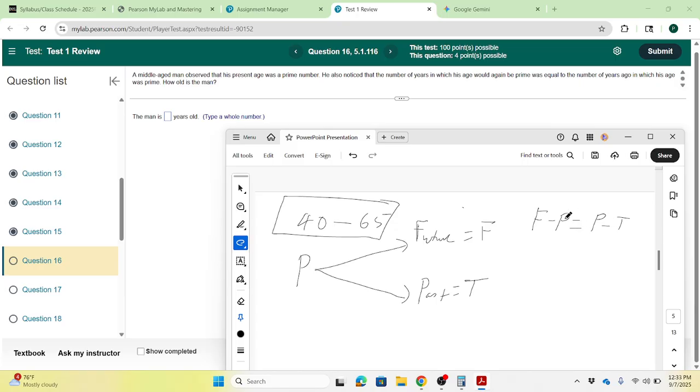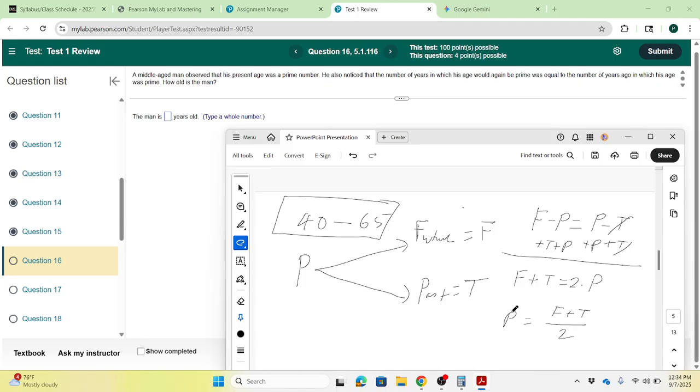So if you add T and then add P to both sides, you are going to get future plus past age is 2 times the present age. So present age is supposed to be future plus past divided by 2.